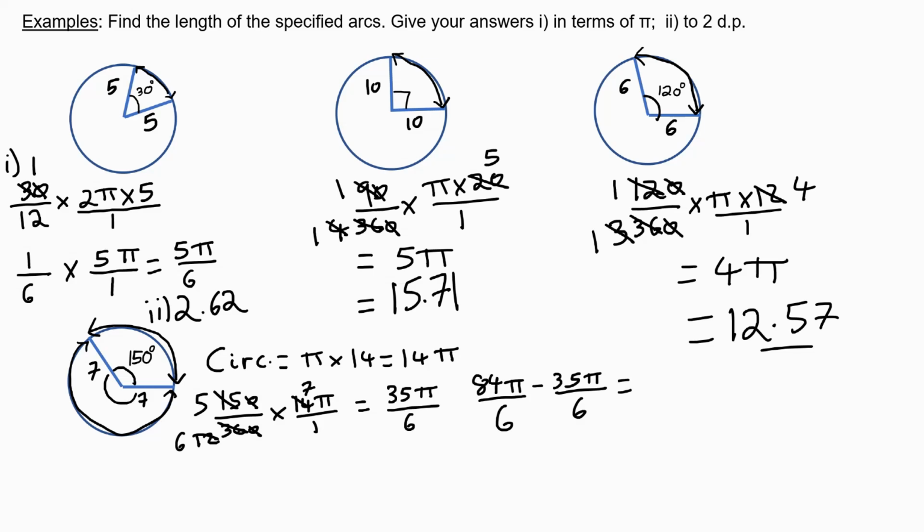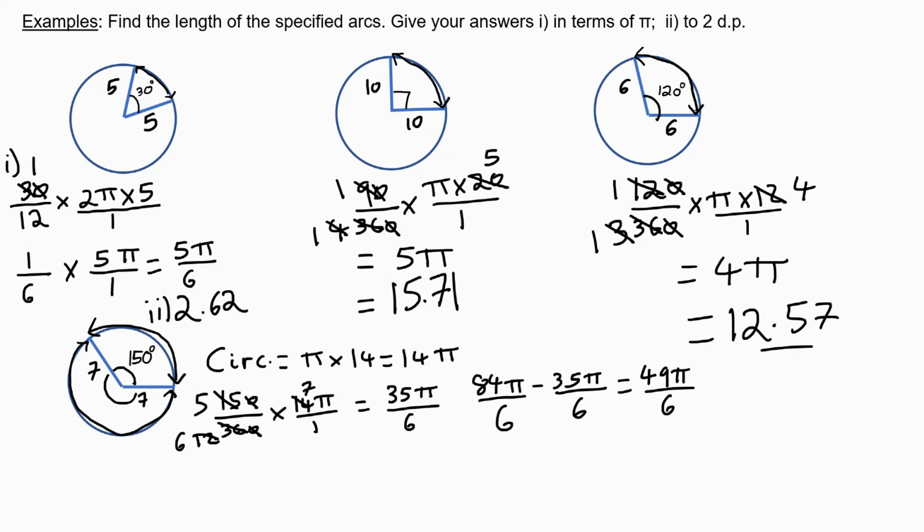And that will then give me 84 pi, take away 35 pi. I get 49 pi over 6. Yep, 49 pi over 6. And that gives me the length of the major arc.